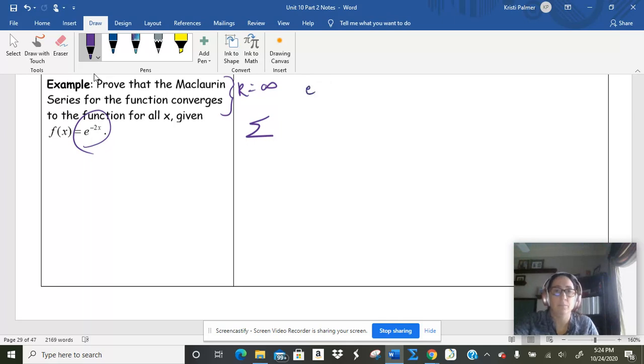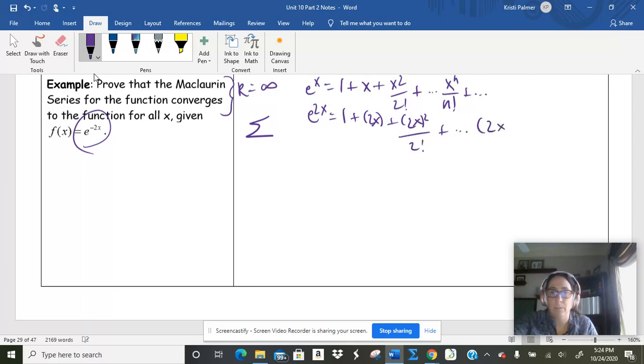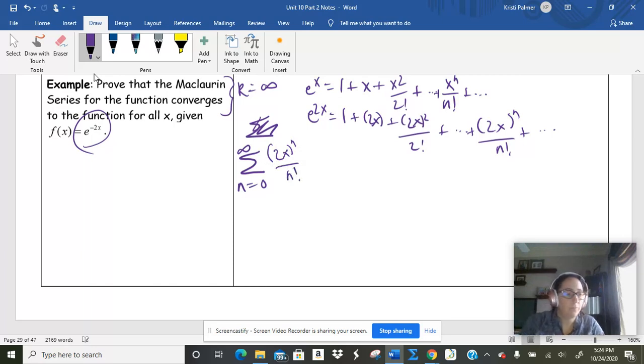Oops, e first. And then I'm going to write my series. And now it wants me to find this radius of convergence, and hopefully I can show that it's going to converge everywhere.